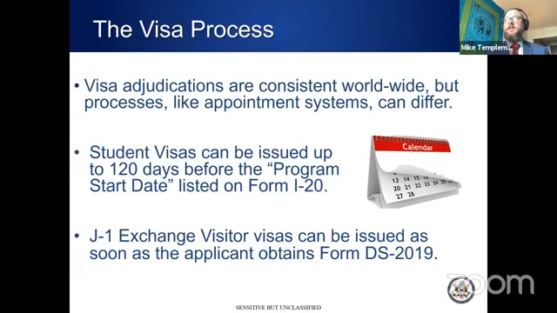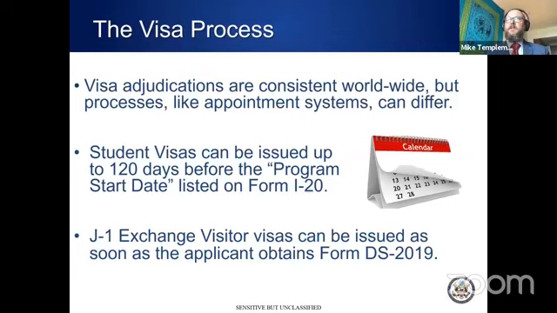You'll bring those to the interview, and then the officer at the interview will inspect those documents and move your case forward accordingly. And it is also important to note that those forms that you're given will need to be carried with you in addition to the visa.